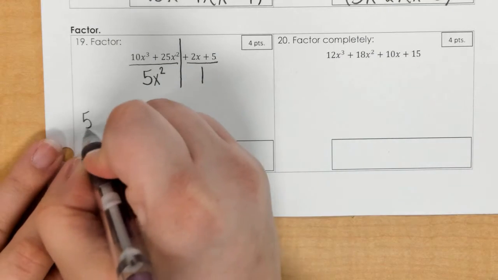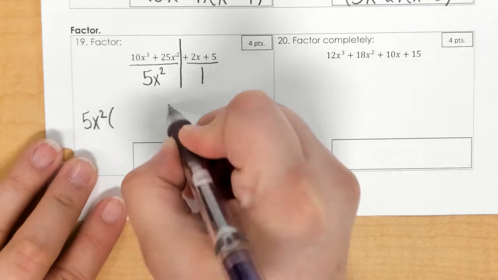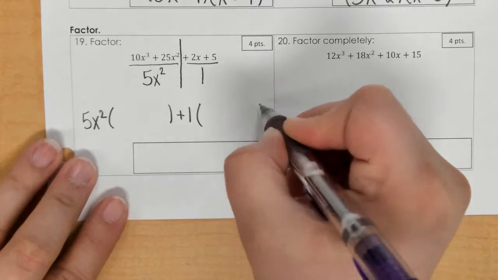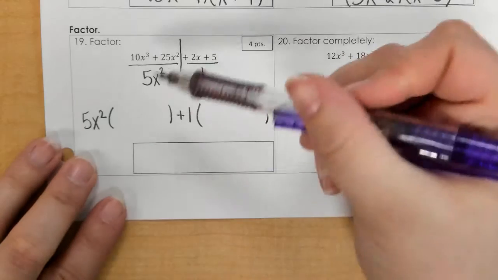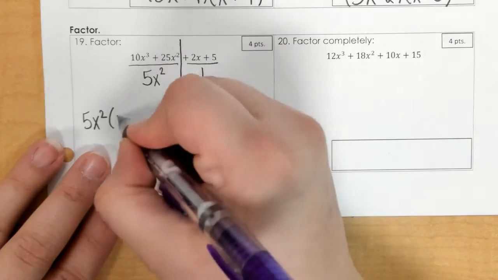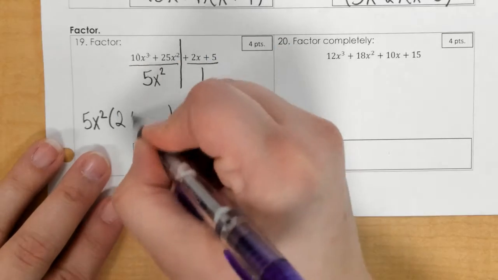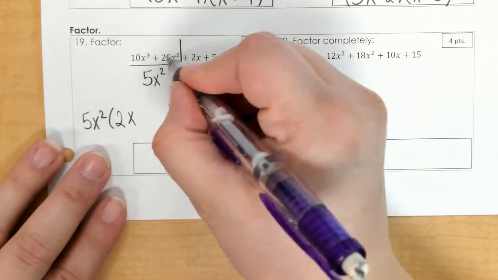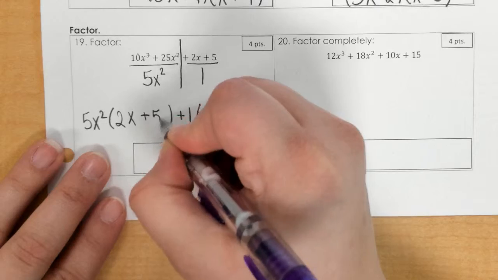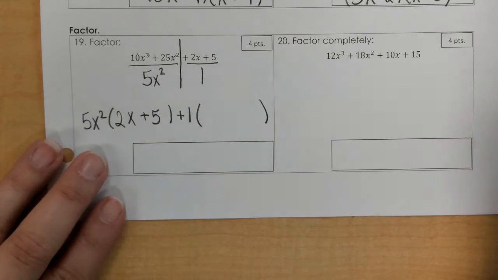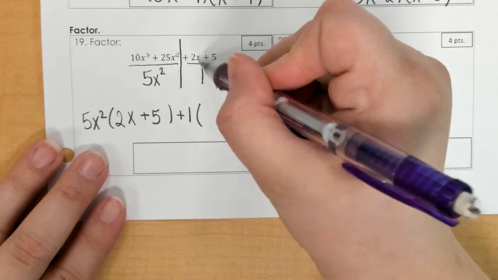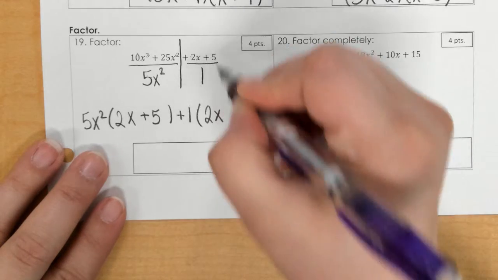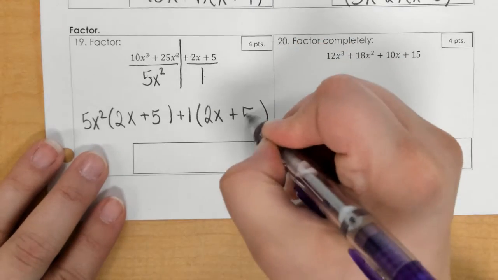So now, I actually have to take the GCF out by dividing and subtracting. So here, 10 divided by 5 is 2. 3 minus 1 is x to the first. 25 divided by 5 is 5. 2 minus 2 is 0, so I don't write it down. 2x divided by 1 is 2x. 5 divided by 1 is 5.